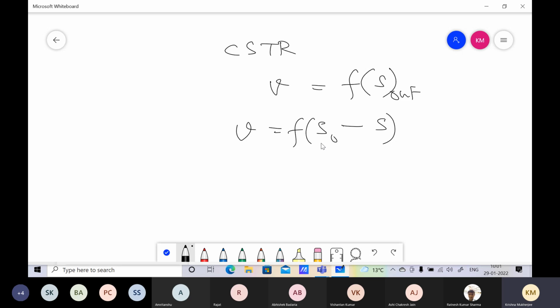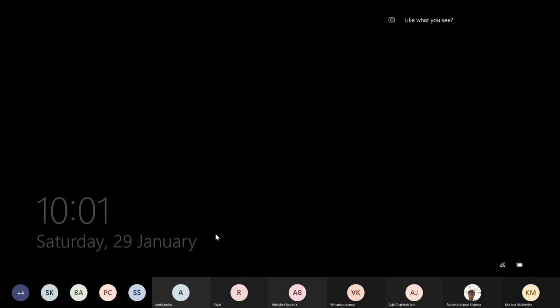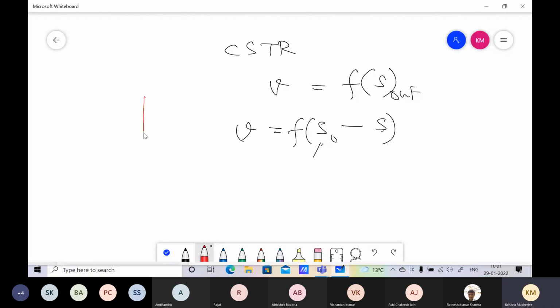And obviously the V is therefore higher and lesser in the beginning. While in the batch, the reaction rate moves from here to here to here to here, and same way with PFR. In the CSTR, the reaction rate is always stuck at the last point.